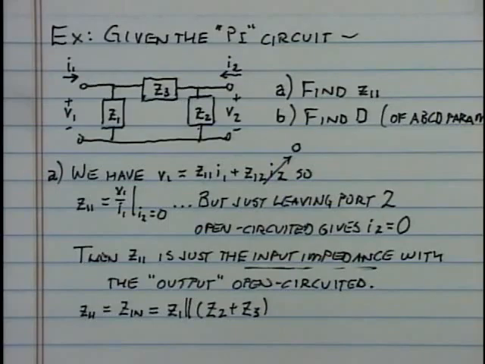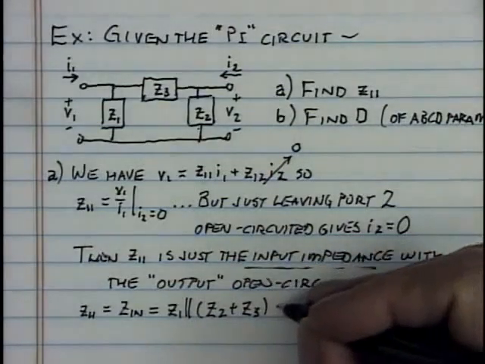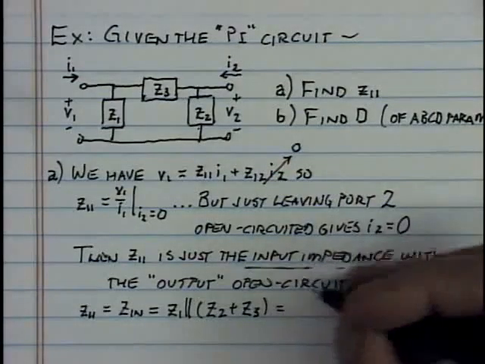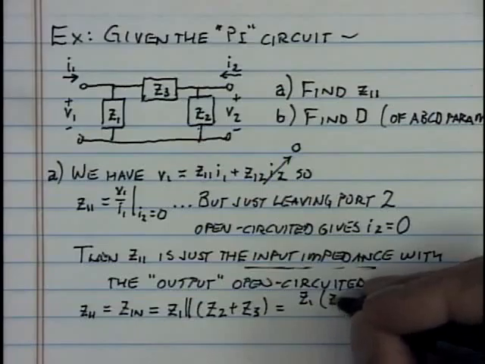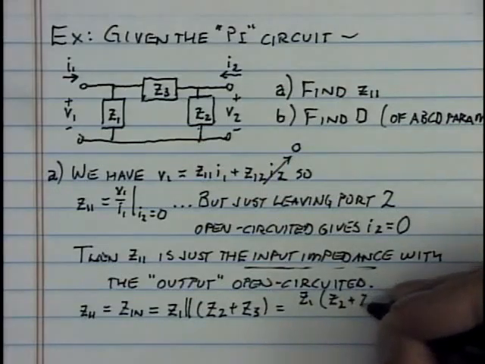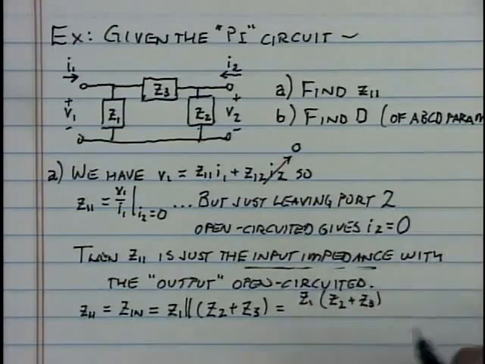If you've got two elements in parallel with one another, the impedance of the parallel combination of A and B would be A times B over A plus B. Okay, well, I can use that. A times B over A plus B.